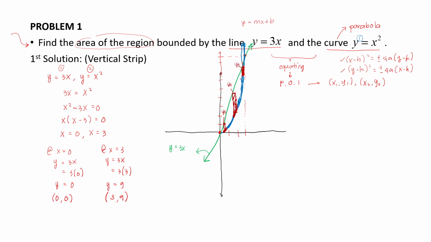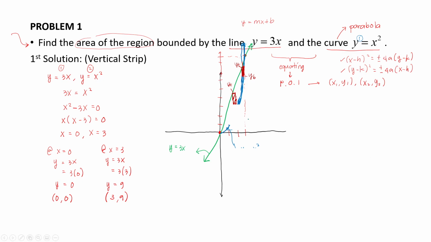And then the bottom part is always touching the blue graph. So let me write first the blue graph. So blue graph is equal to y equals x squared.